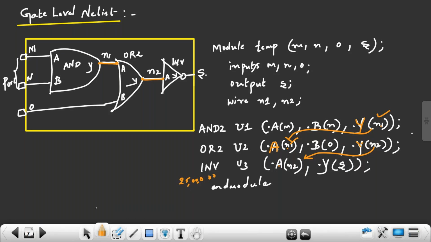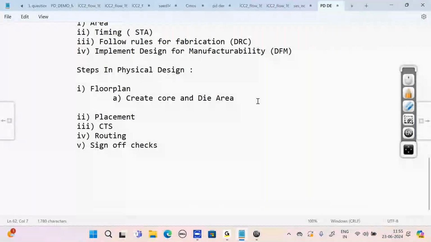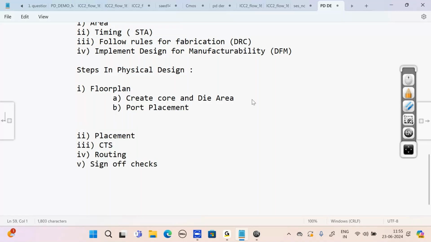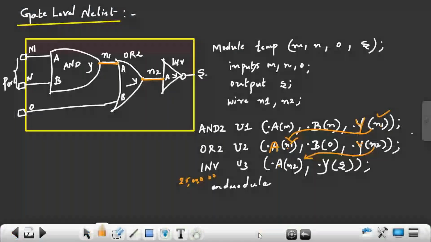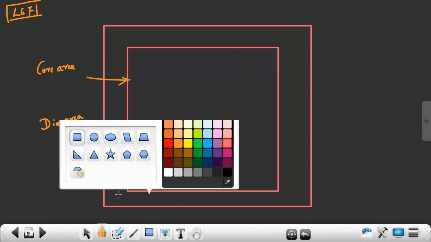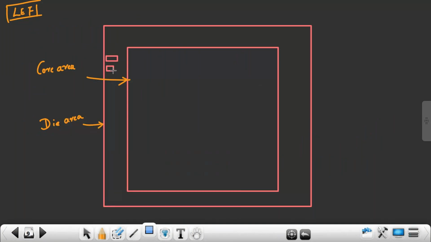So what is the next step after that? Next step is port placement. Port placement means place the input and output of your design. In between this core area and die area, place your input and output of your design.